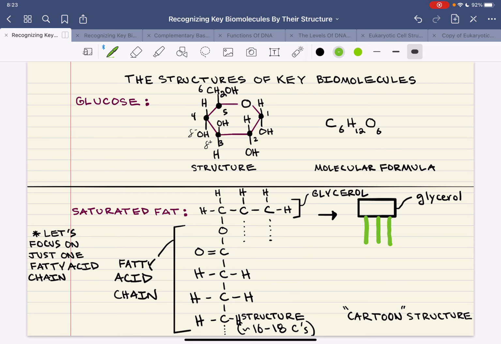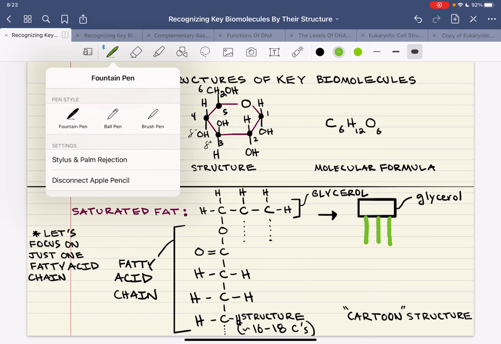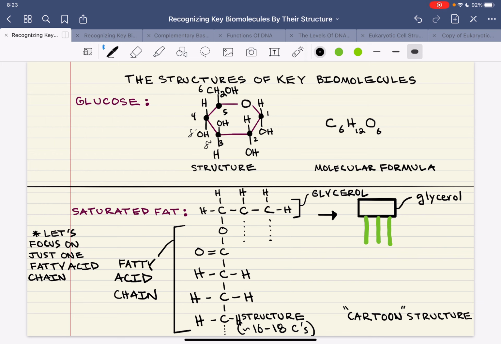So that's our saturated fat. And I'll put a label. So there we go. And again, this glycerol just represents the 3 carbons at the top. So that's the structure.